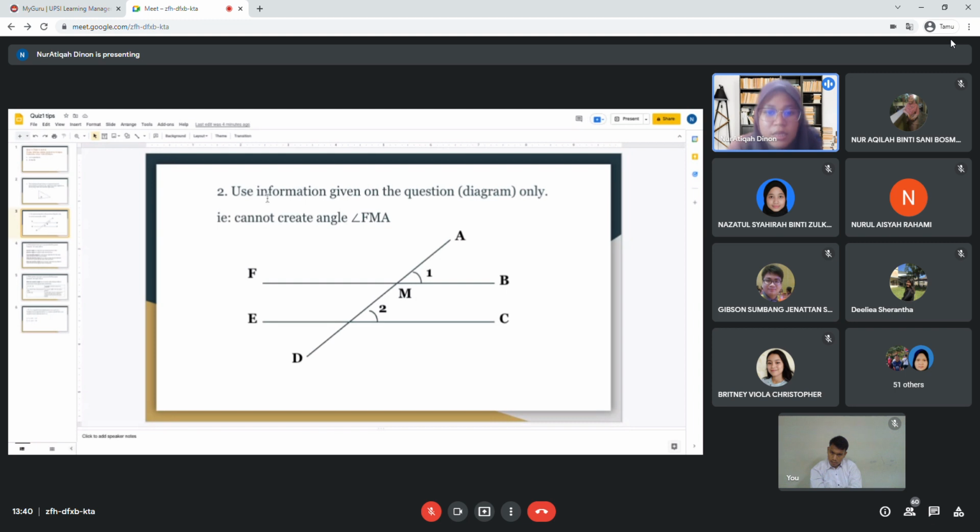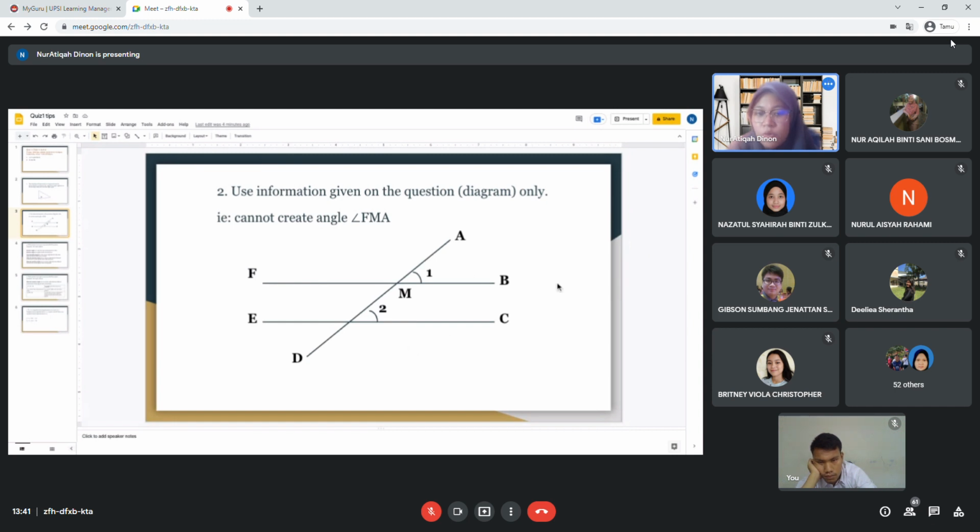The second thing is to use only the information given in the question or the diagram. For example, in this figure we have lines AD, FB and EC, a point M, and angle 1 and angle 2. You cannot create a new angle, for example angle FMA. In the question, for example, given angle 1 is congruent to angle 2, prove that line segment FB is parallel to line segment EC.